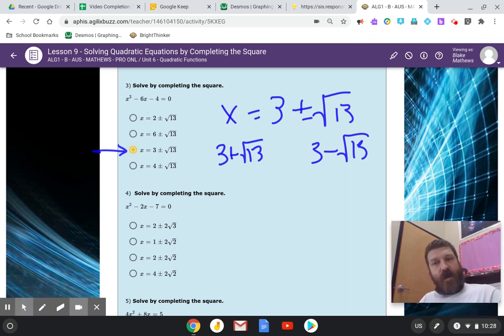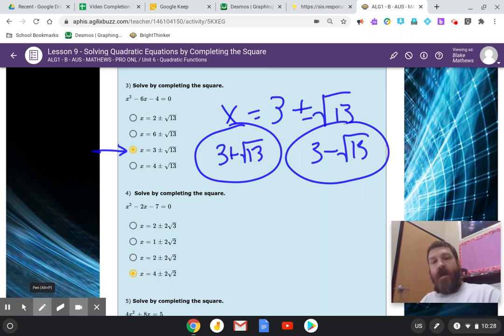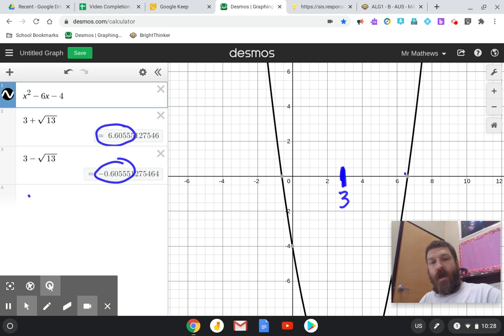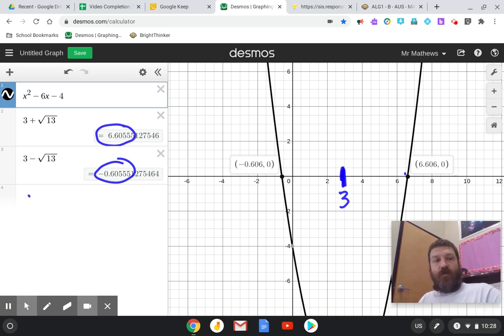I think you use the same exact kind of mindset. Obviously, there are a couple that have 2. There's a 1 and a 4. So hopefully it will help you at least narrow down your choices. And then you're going to need to do what I did here, which is to break that out and look up those values to see if they correspond to the values we have on our graph. And in this one, it was 3 plus the square root of 13, 3 minus the square root of 13. And that's pretty much it for this lesson.